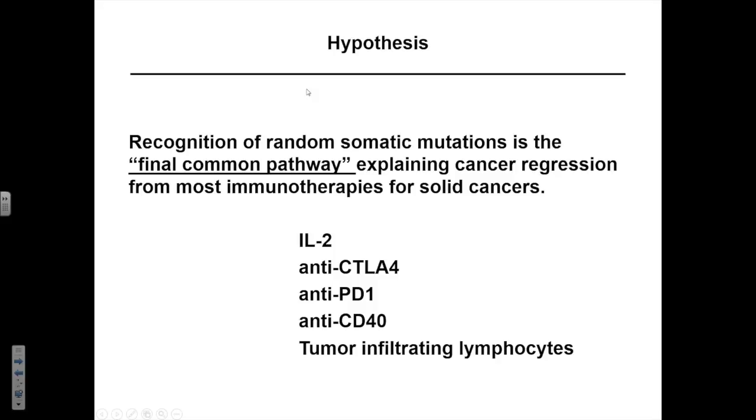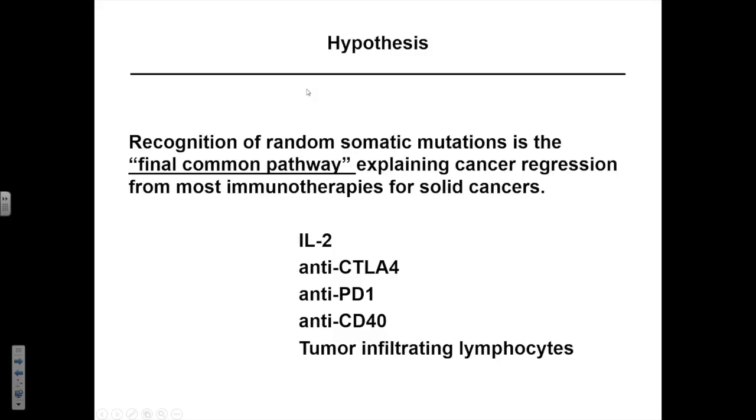And in fact, more generally, and there are papers that are appearing on this virtually monthly now, it appears that the recognition of random somatic mutations is the final common pathway that explains regression from virtually all immunotherapies that we know about, except the ones where we genetically manipulate cells.